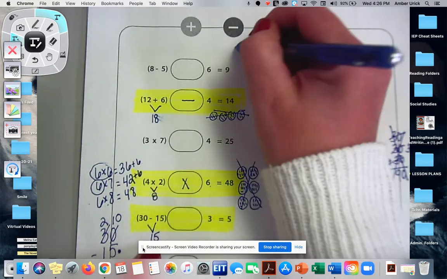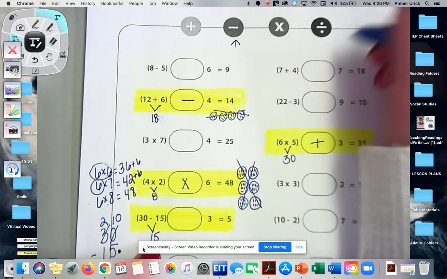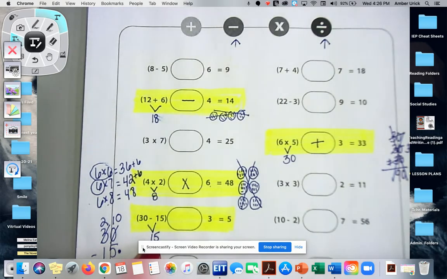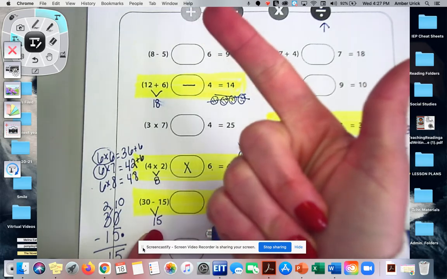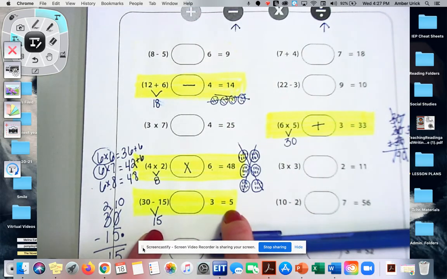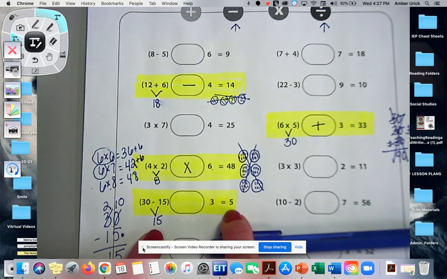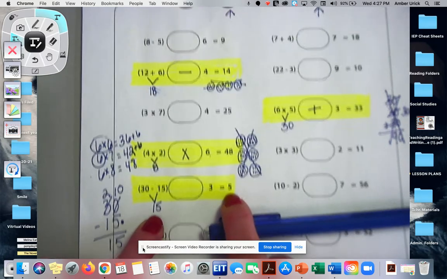So I know it has to be subtraction or division, right? So 15 minus 3. 15, 14, 13, 12. Is that 12? It's definitely not 12. So I'm thinking it is division.